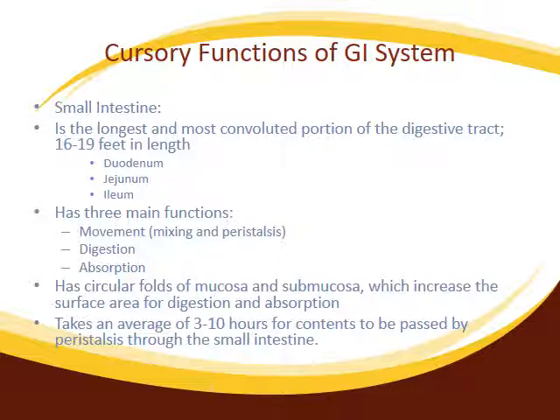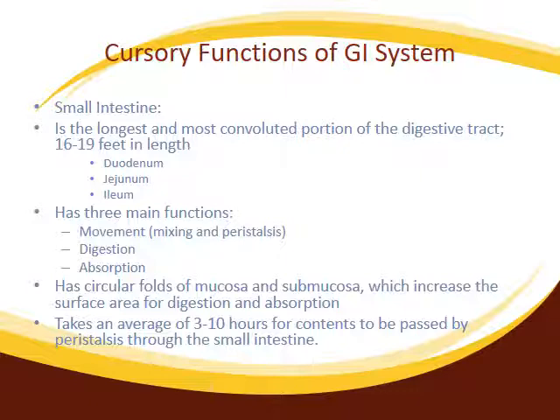That would be movement of the product, mixing and peristalsis, moving it through the system. It also has a digestive function with secretions. Look at the circular folds right down there, circular folds of mucosa and submucosa, which increase the surface area for digestion and absorption.